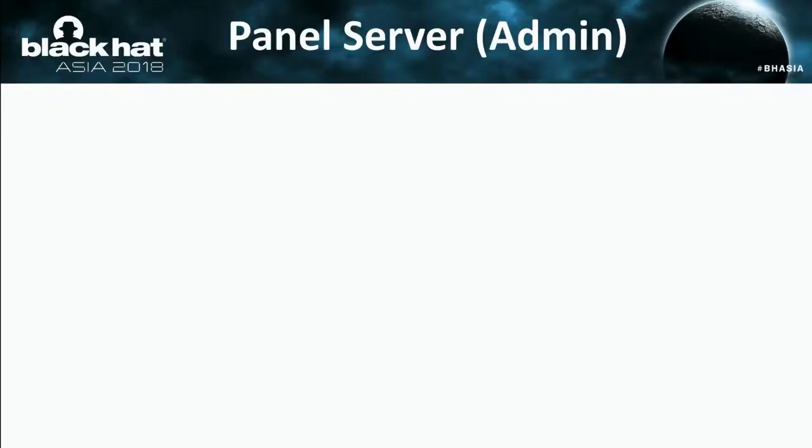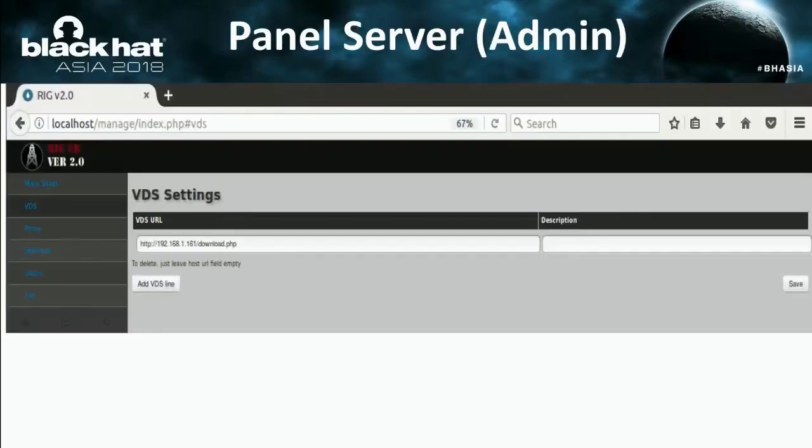So this is also the admin account. At the panel server, the administrator or the exploit kit operator can set up the VDS server IP or URL here. And the VDS server is the landing page. So if some victim comes to this server, the victim will be exploited.